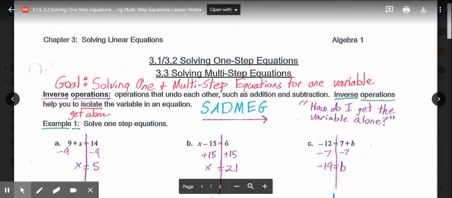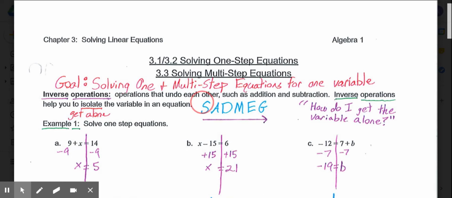And we are working the order of operations, which I abbreviate or use the acronym GEMDAS. We are working the order of operations in reverse or backward. So when we are doing multi-step equations, what you want to keep in mind is that we have to deal with subtraction or addition first, and then we are dealing with the division or multiplication.